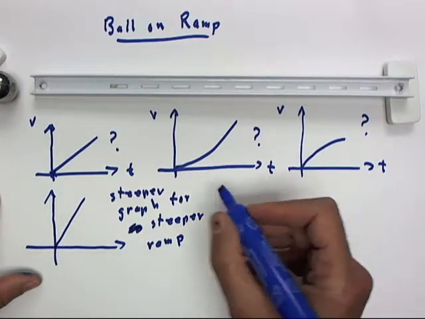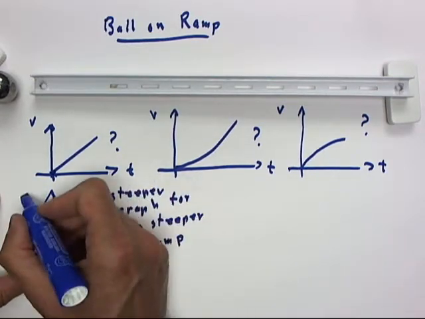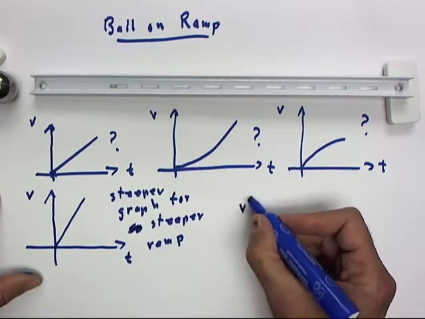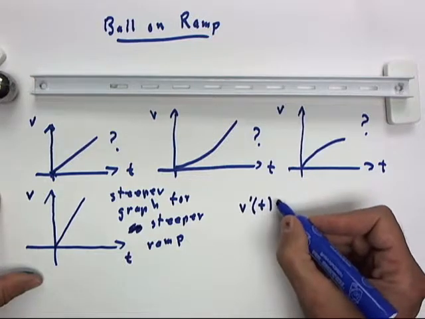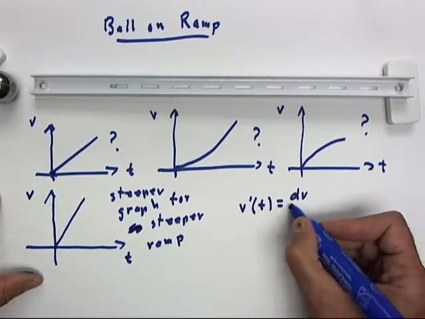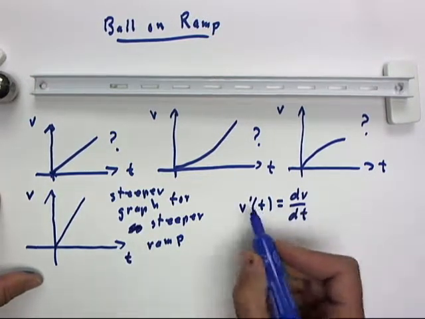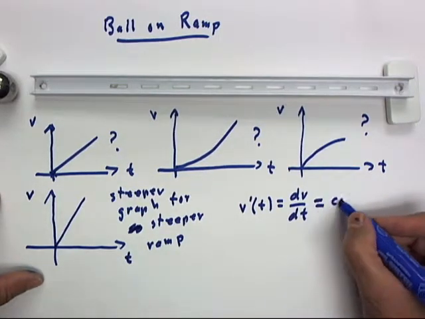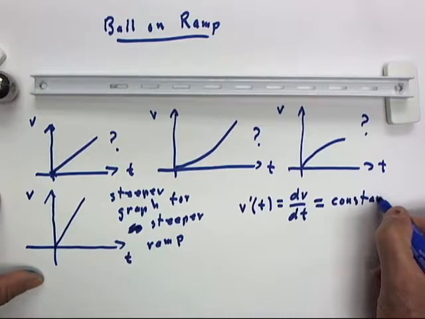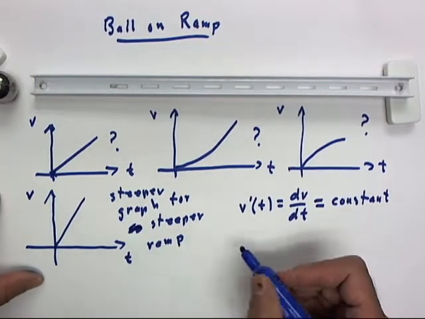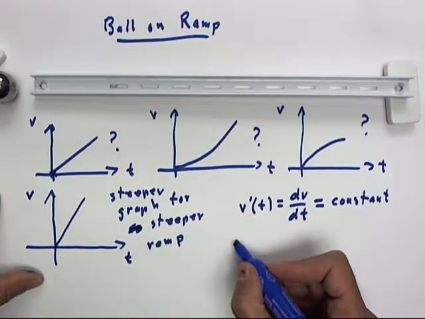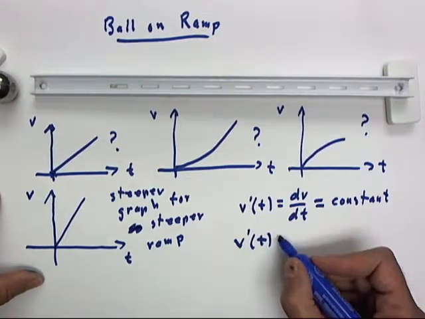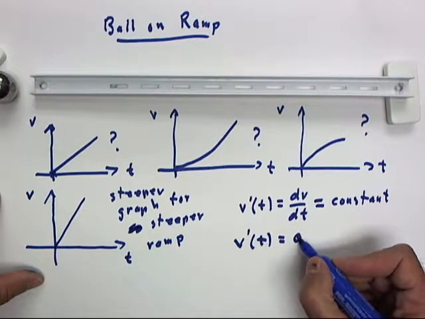Now, if this is the case, if our slope is constant, then that means that our derivative of v, which can be written as v prime of t or dv/dt, is constant. If we let this constant be a, and that's going to stand for acceleration, because this is actually the definition of acceleration.